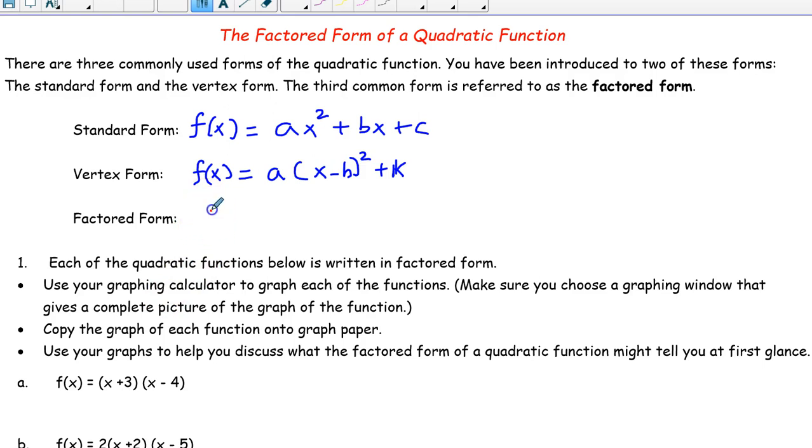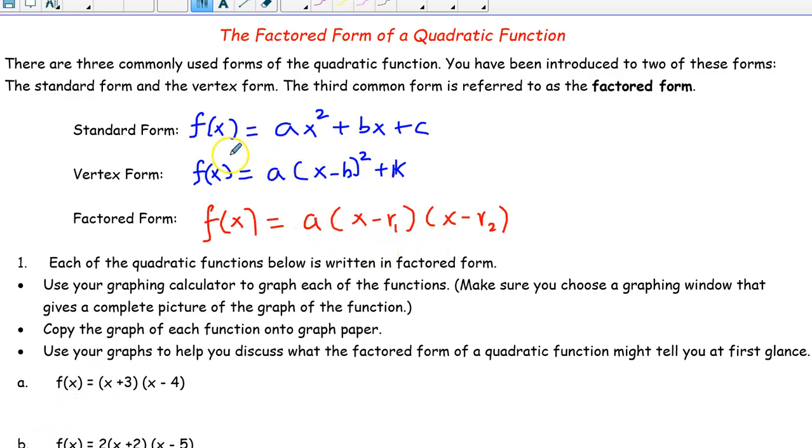It is f of x is equal to a times x minus r1 times x minus r2. This is the third type.